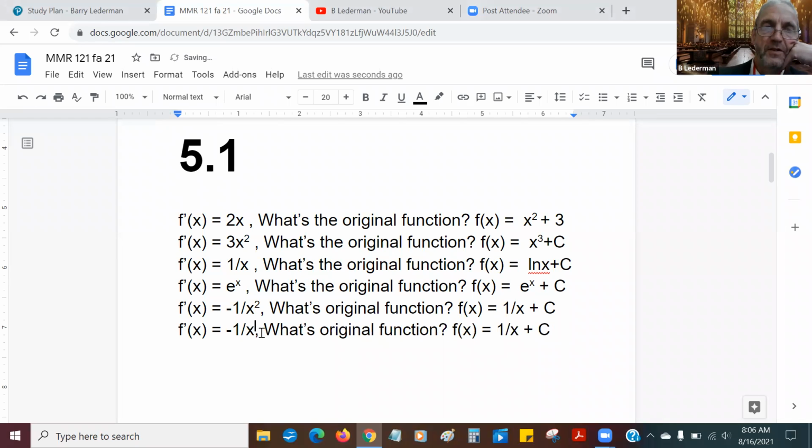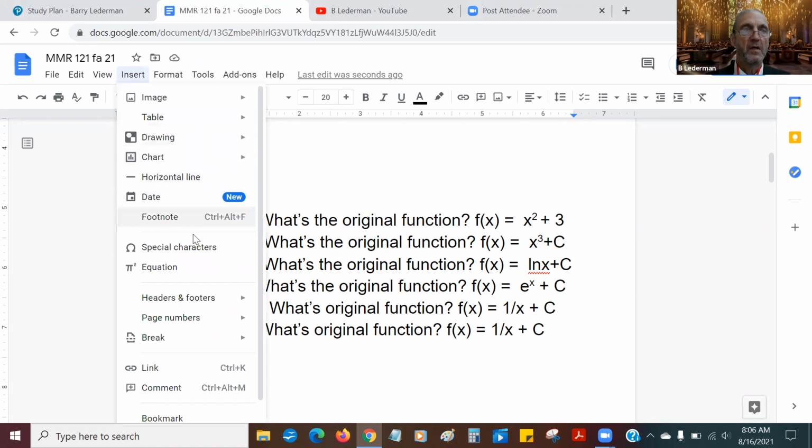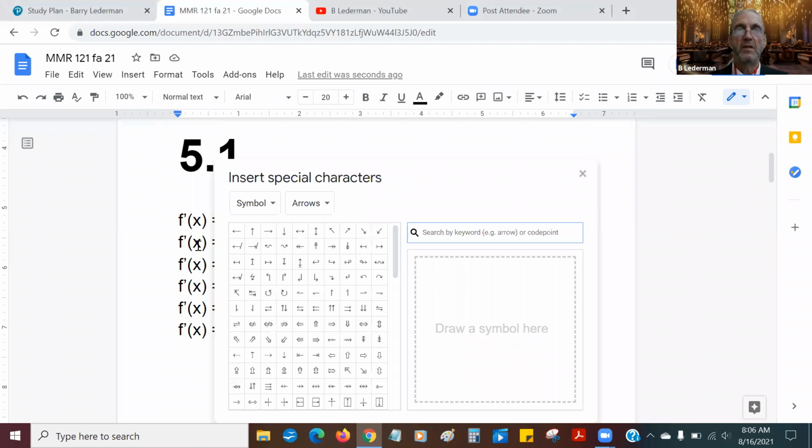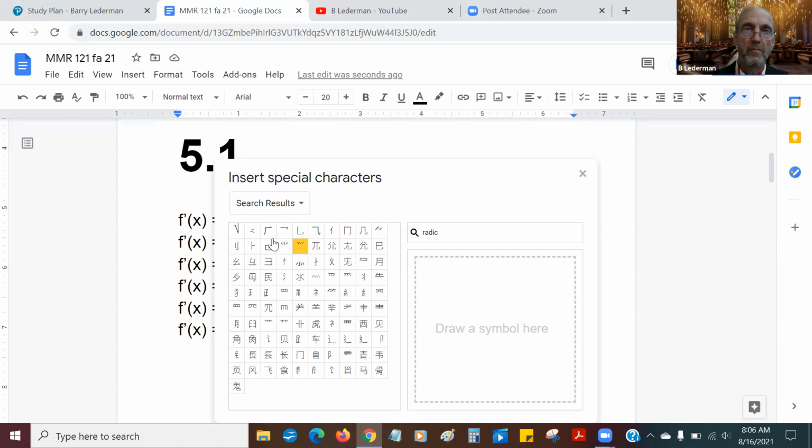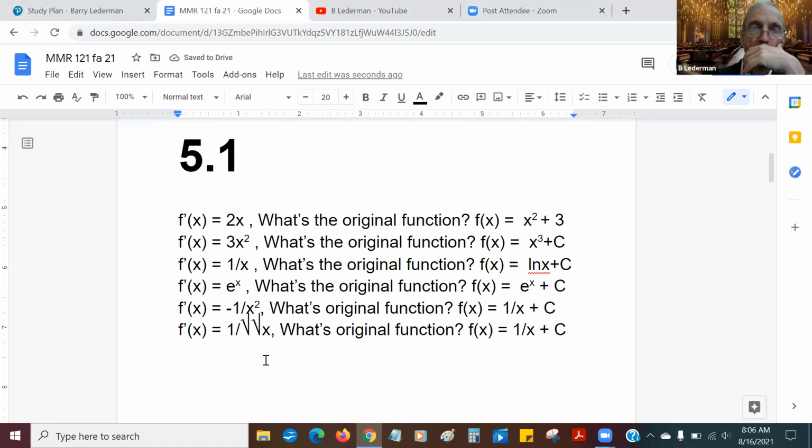Suppose my function, the answer after differentiating, how do you do this square root thing? 1 over the square root of x.